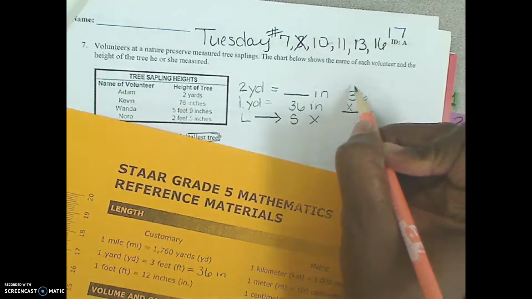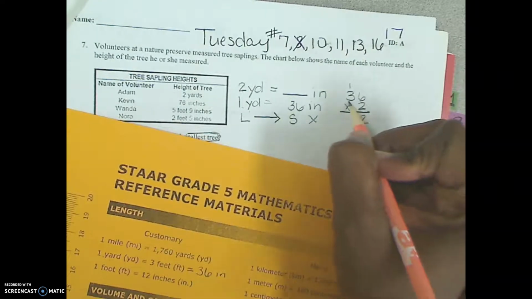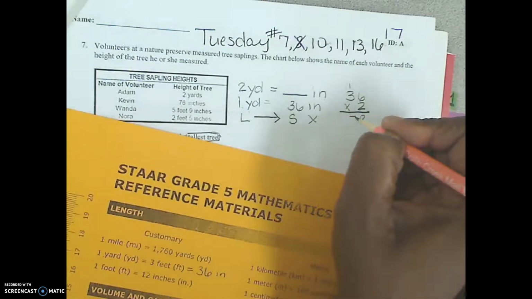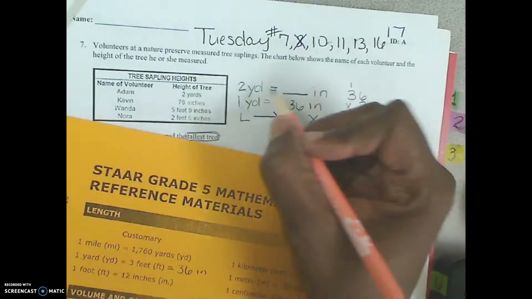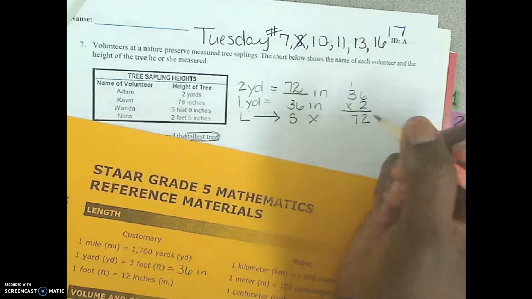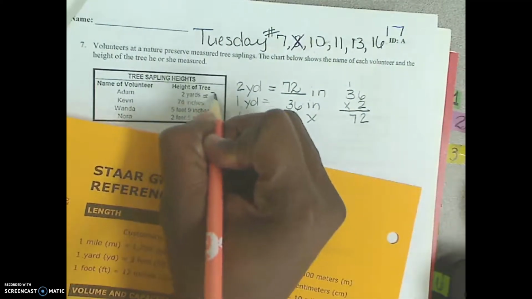I'm going to quickly multiply. 2 times 6 gives me 12. 2 times 36 plus 1 more is, you're correct, 72. So that means if I have 2 yards, it's also equal to 72 inches. So I'll just put here, 2 yards equals 72 inches.